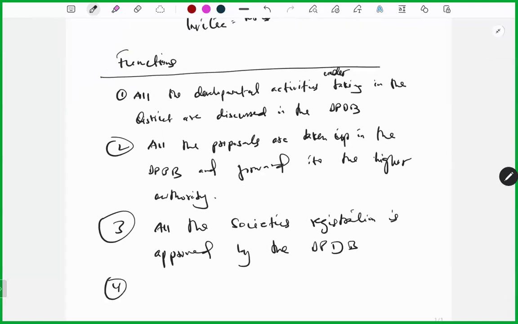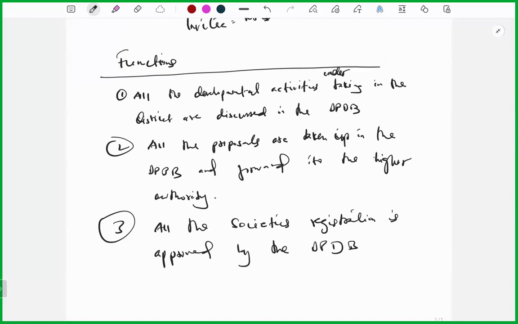Any important activities, we also discuss here in the DPDB. It's like a mini secretariat where we discuss, we debate, and we send proposals to the concerned department.